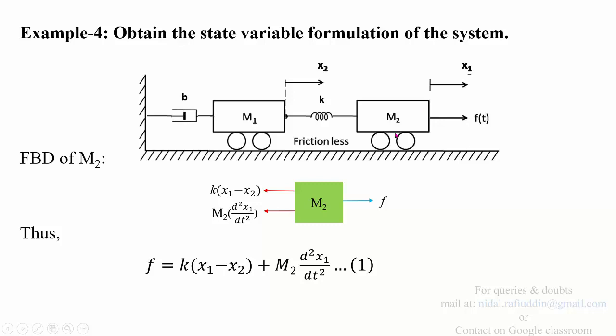M2 also is capable of storing energy in the form of kinetic energy, while spring K is capable of storing energy in the form of potential energy because of its expansion and compression. So there are 3 energy storing elements, and by the concept that we learned, if a system has 3 energy storing elements, then it should have 3 state variables.